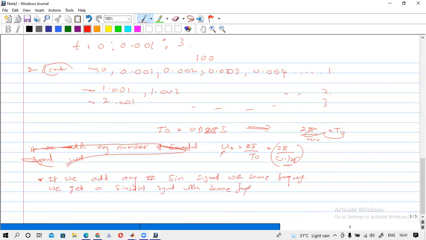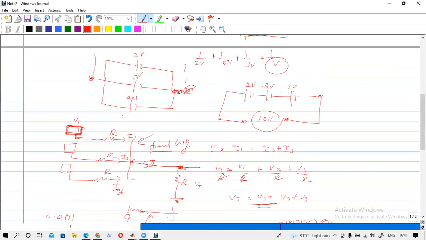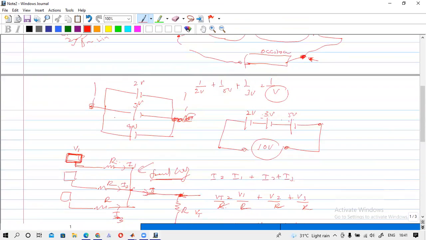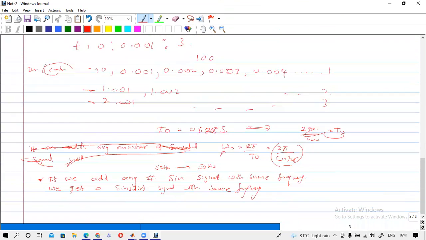Now, if we add three 50 hertz signals, we will get another sinusoidal signal with 50 hertz. So although I have added three signals, I get one signal, and it also has one frequency component. That is the idea you have to take. I think it is clear.